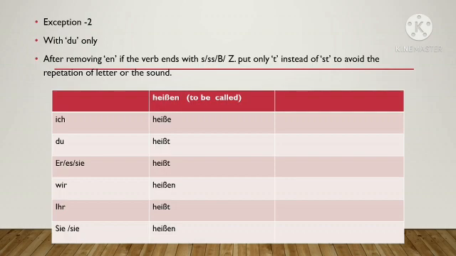But here you cannot use that, because of this word heißen: ich heiße, du heißt. So after removing en, if the verb ends with s, double s, ß or z, then put t instead of st. But you use t only when the subject is du. Ich heiße, du heißt, sie heißt, wir heißen, ihr heißt, sie heißen.